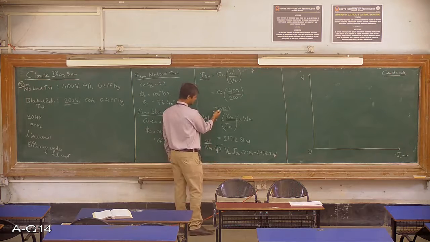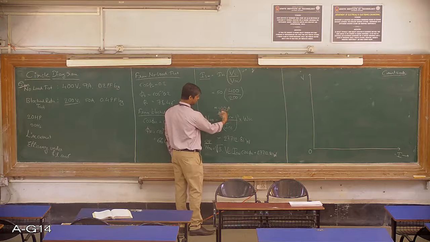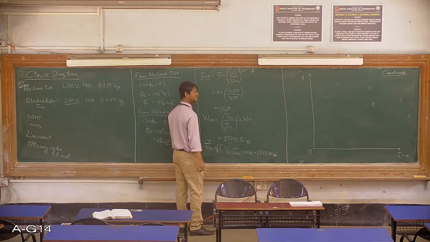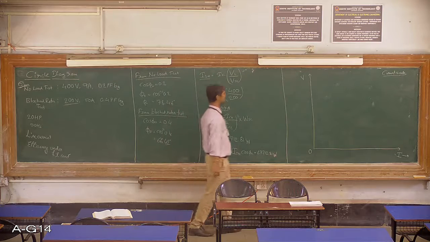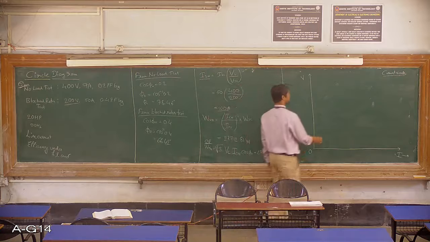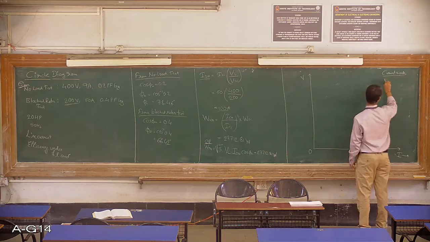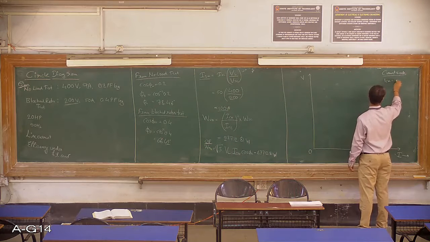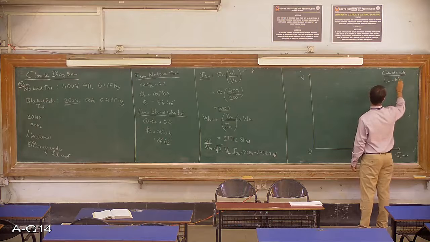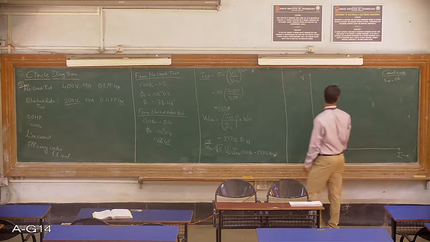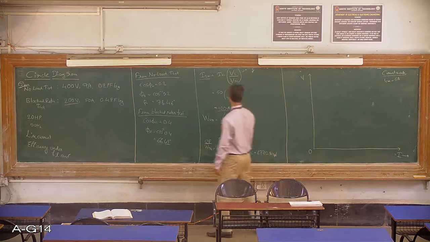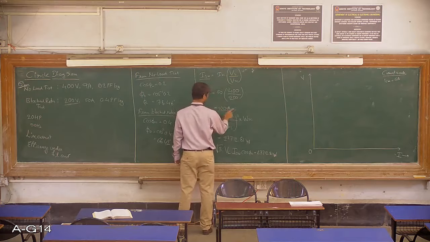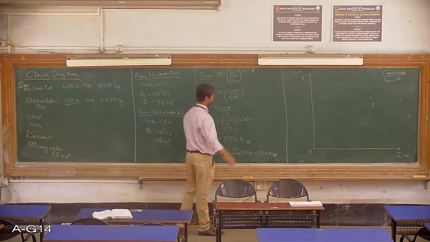So only to reduce this 100 amperes into 20 centimeters, I'm going to set the current scale as 1 centimeter is equal to 5 amperes. If I make 1 centimeter equal to 5 amperes, then this ISN will be converted into only a 20 centimeter line, okay?